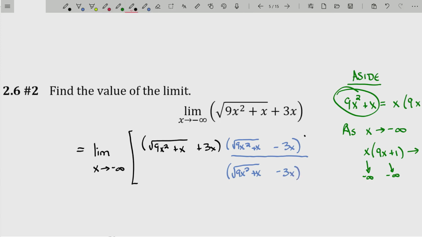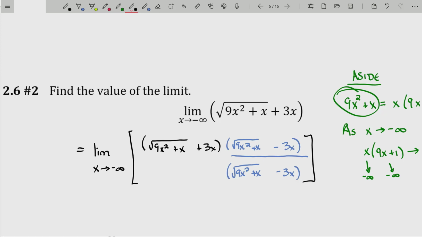But to be honest with you, if you're just using algebra, if you're doing algebra on the side, like massaging the problem a little bit, let me just simplify that and do some algebra. Technically speaking, you can do the algebra on the side and then reinsert it into your limit.